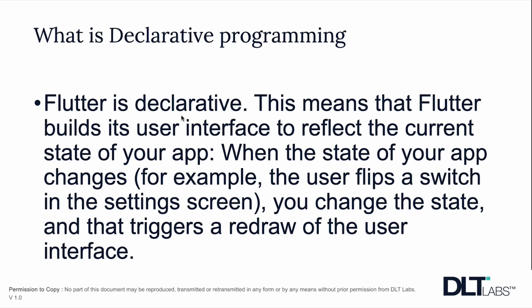It's a reactive way. When the state of your app changes, for example, the user flips a switch button, or clicks on a toggle button or a switch in the settings screen, you change the state and that triggers a redraw of the user interface.